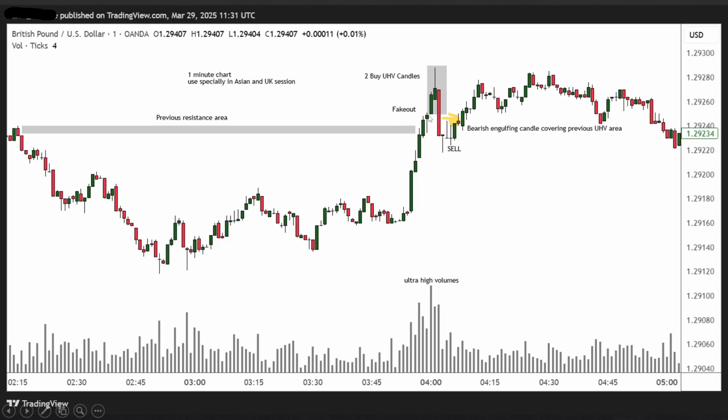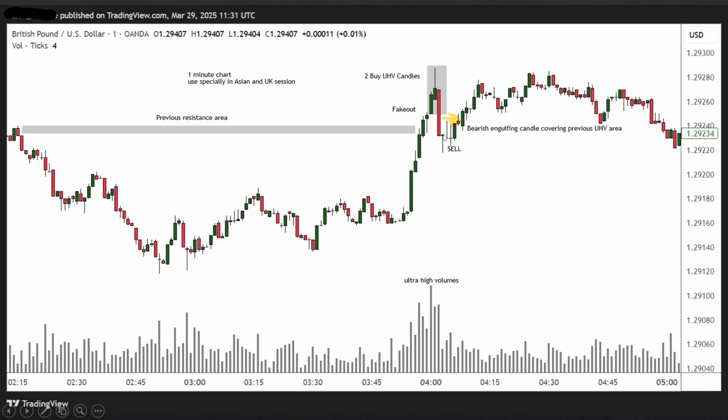So on 3-4 candles there was an associated ultra high volume which is bigger than the previous whole day, and then suddenly a strong bearish candle closed below all the buying candles with ultra high volume. That means players were actually selling at this place, and suddenly the market reversed back.